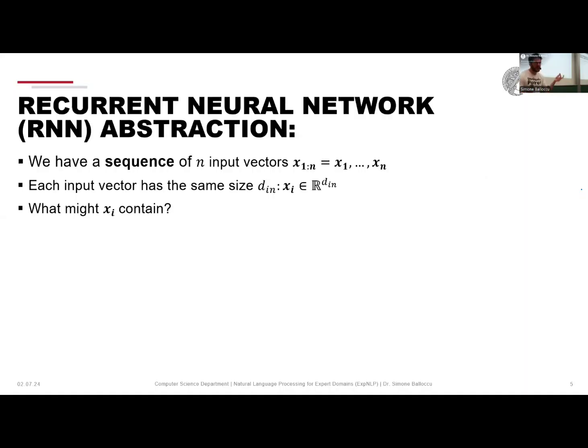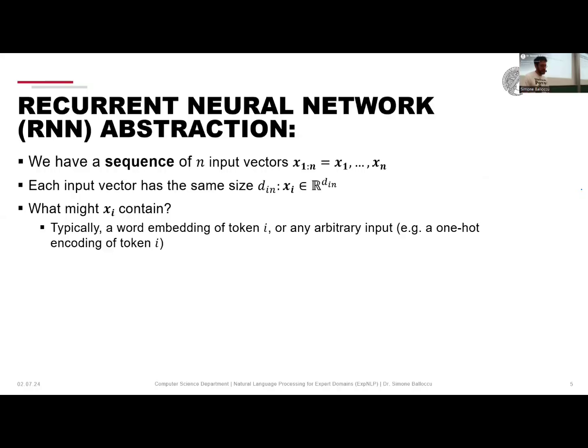What might be the element of input at position i? This could be a word embedding for the token i, it could be a one-hot encoding, we don't really care, it's whatever we saw before as an input. We then have a single output, which is a D_out-dimensional vector, our usual y_n.